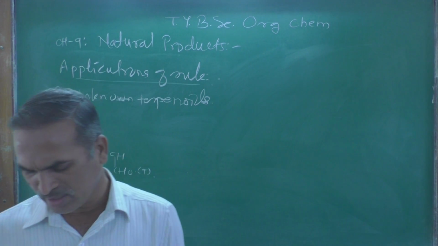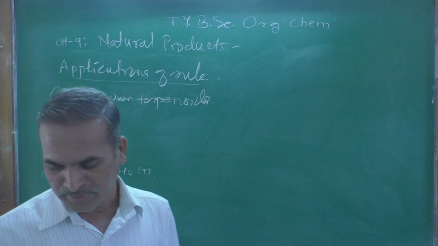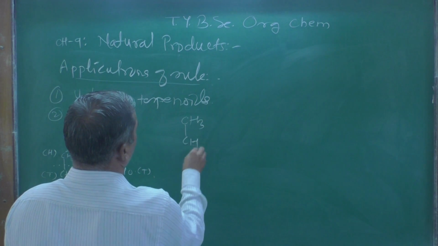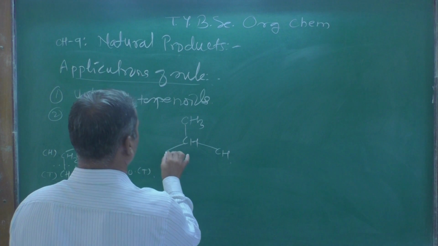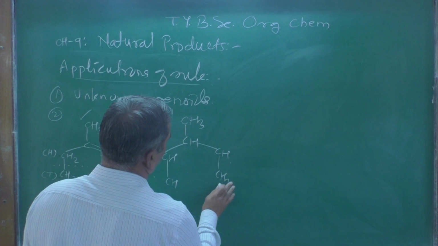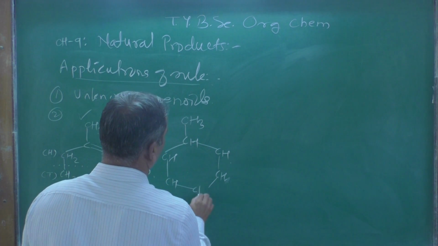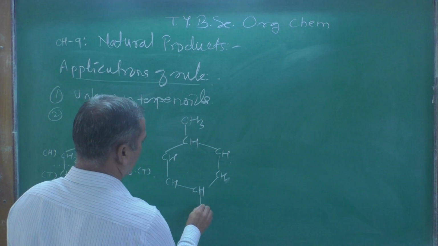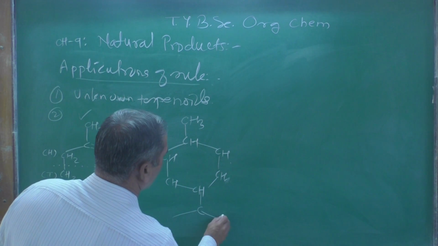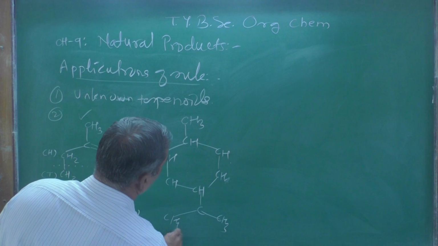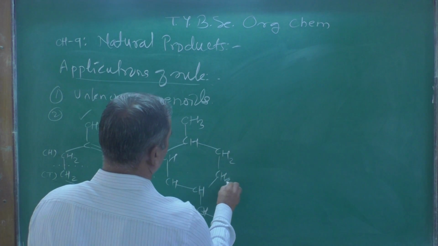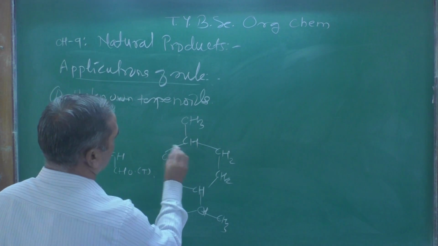Now let us look at another one, dipentene. Dipentene is another structure: CH3, then CH, then CH, CH, then CH, again CH, here a C, then CH3, CH3, CH 1, 2, 3, 4, then CH2, CH2, here also CH2, CH2.